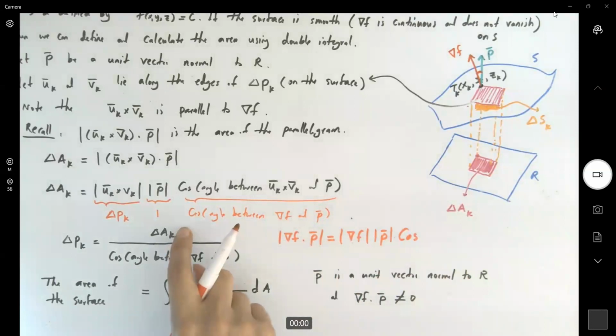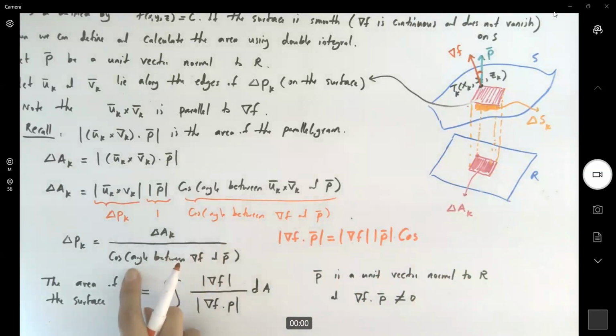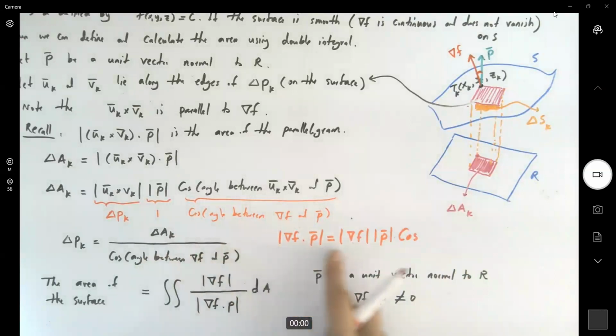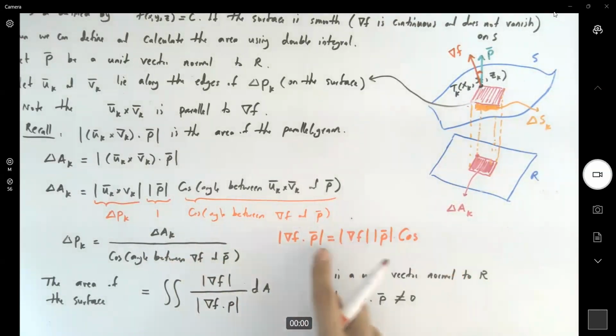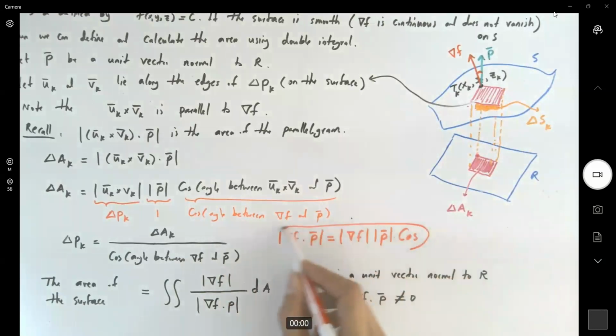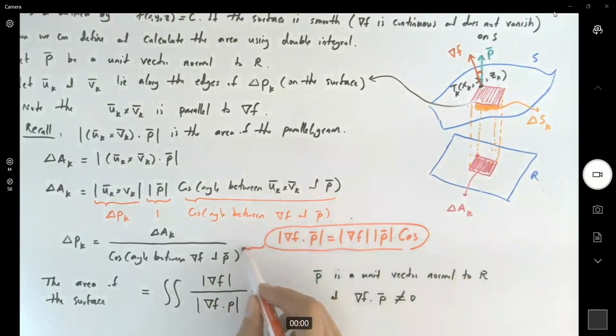So since you had dA over the cosine, you can replace this by the gradient of f. This is just 1. On the denominator, you end up with the magnitude of the gradient of f dot p. That's how we end up with the formula. Just doing the substitution for cosine down here.